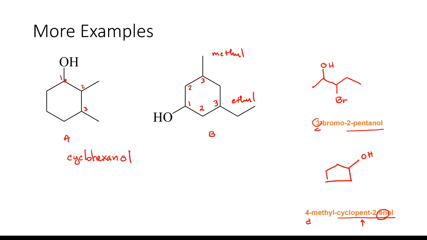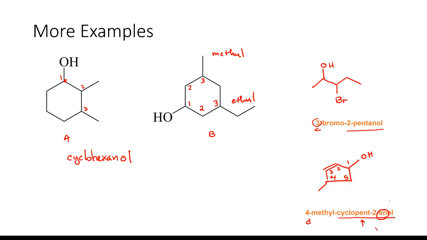So now you could number this in any direction. I'll number it like this. And then the 2 carbon has a double bond on it like that. And then the 4 has a methyl group like that. So that's how you would draw that. Again, identify what the parent is.